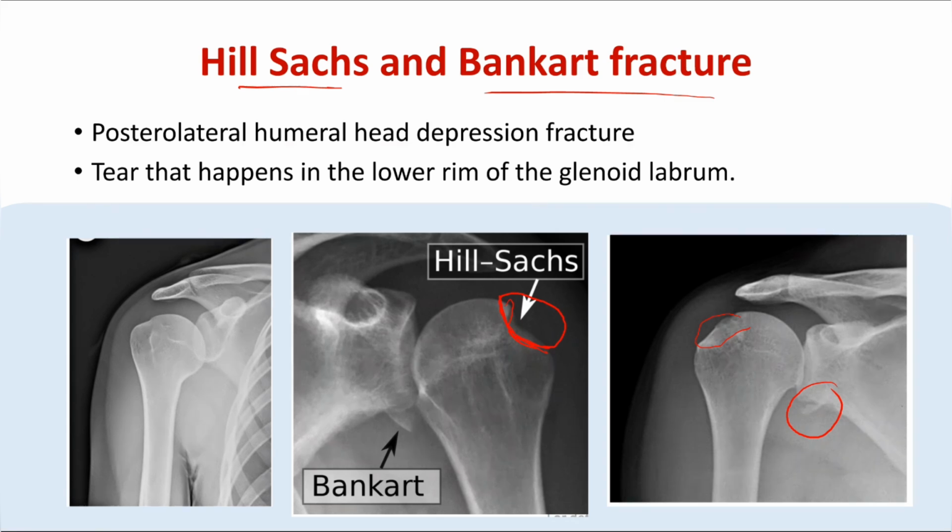And now let us show you a video about how to reduce a shoulder dislocation. We have many maneuvers to reduce the anterior shoulder dislocation, but the easiest one is called the external rotation method.